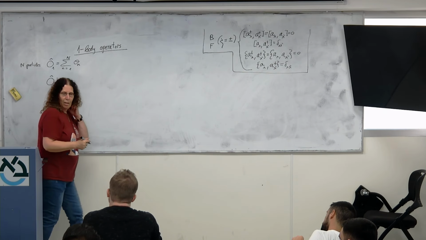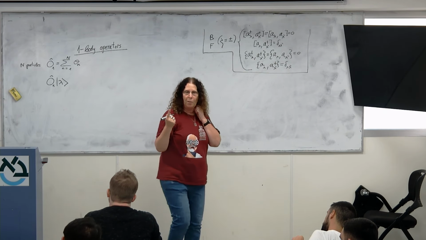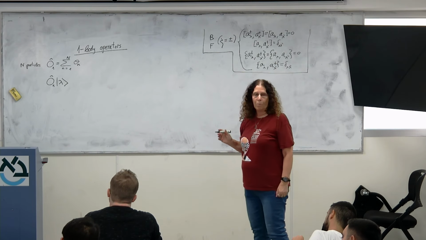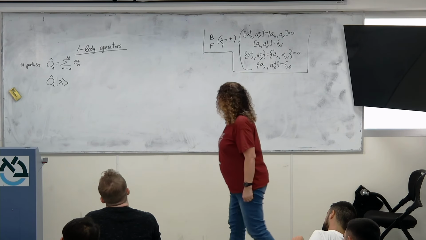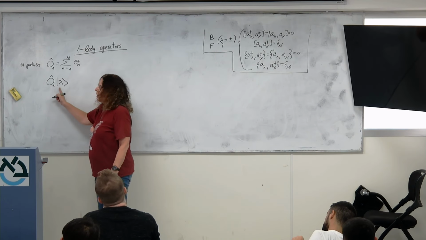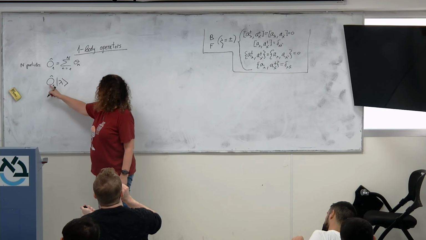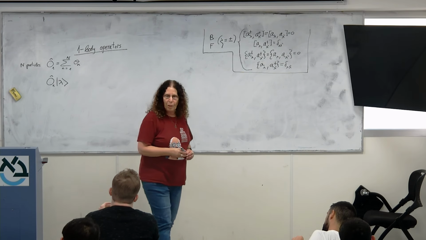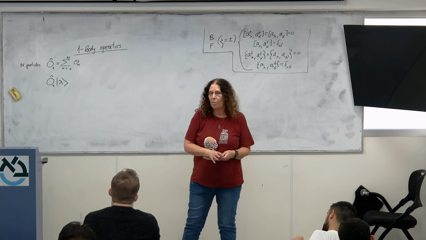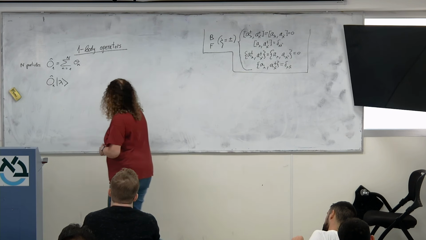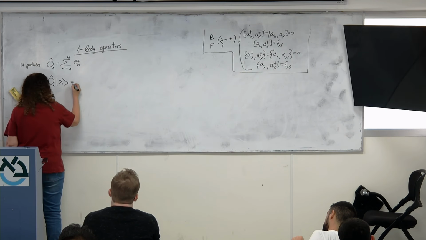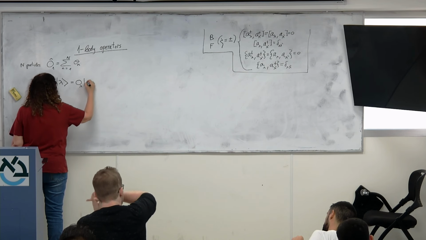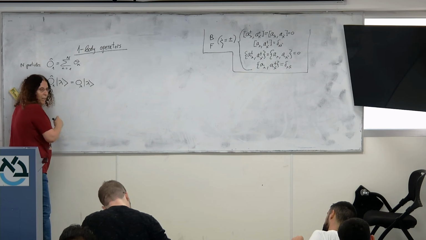It's a state where I have only one particle and it occupies the state lambda. What is going to be the result of this operation? Because lambda is chosen to be the basis that diagonalizes this single body operator, the result will be O lambda, right? It's an eigenstate.